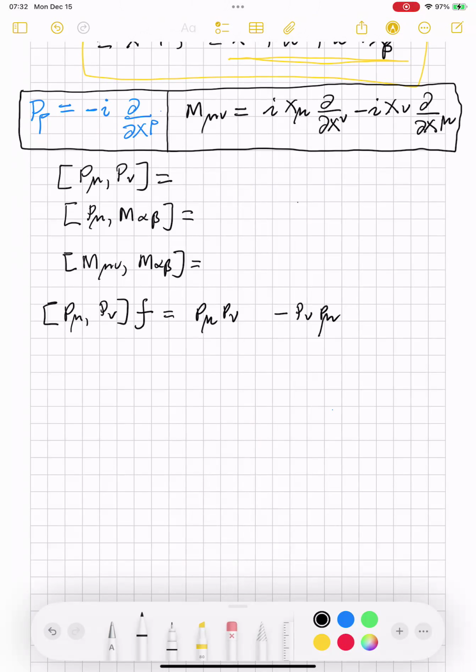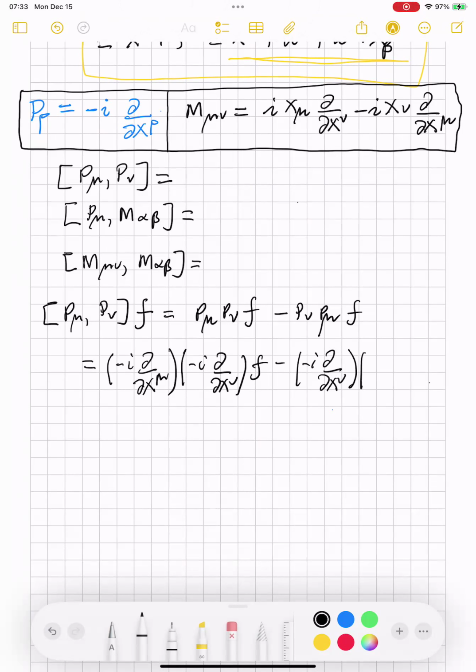So we're going to have a minus i d by dx mu. That's for the P mu. We'll have a minus i d by dx nu for the P nu acting on f, minus minus i d by dx nu, minus i d by dx mu. So completely trivial, I didn't do anything. Minus i times minus i is a minus.